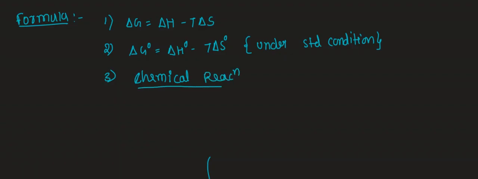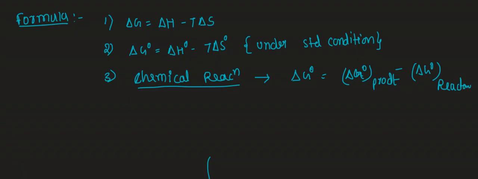Whenever they provide the chemical reaction, how do we find the delta G? Delta G naught is equal to delta G naught of products minus delta G naught of reactants. Products minus reactants.